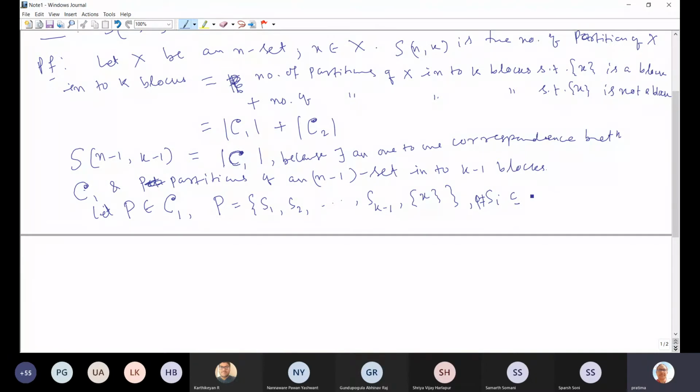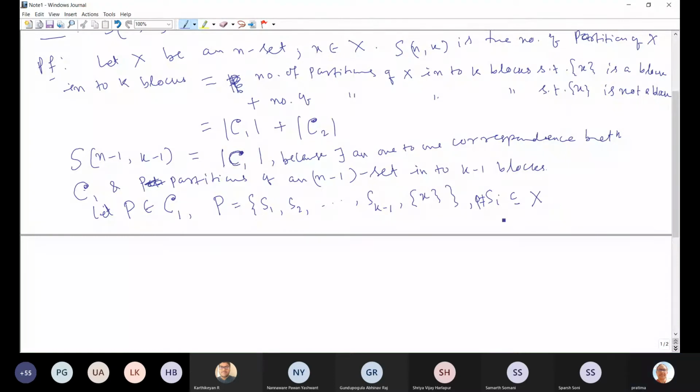So P is a partition of X into k blocks, and the singleton set {x} is a block. So P looks like this. Is it clear to you? This is an element from C1. C1 consists of this kind of partition.